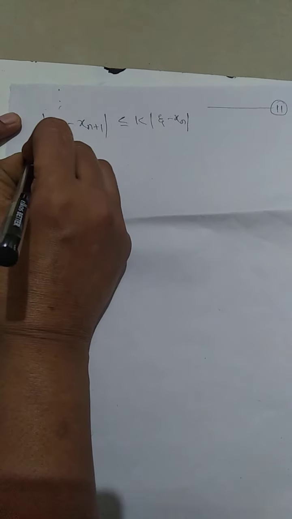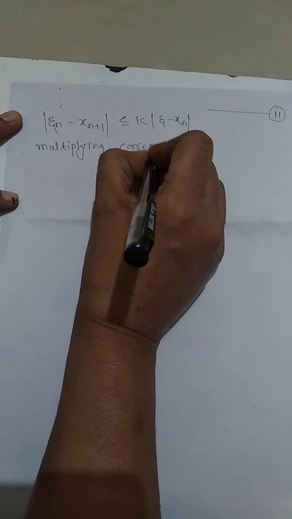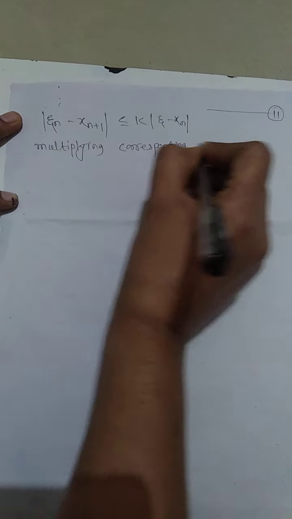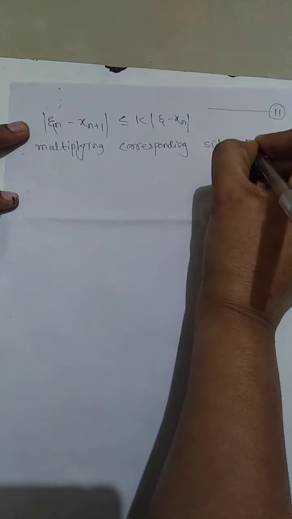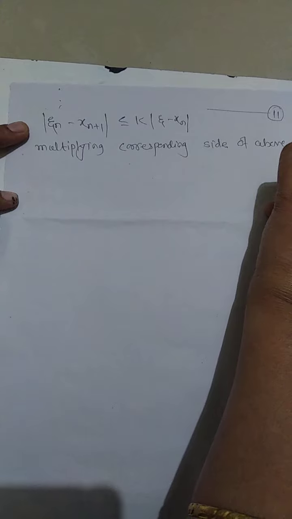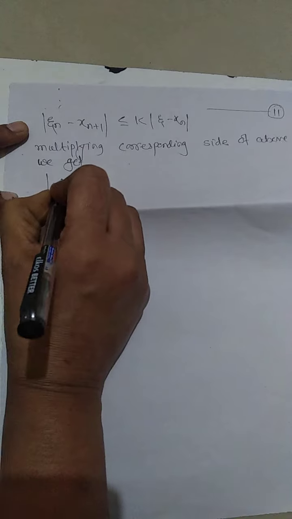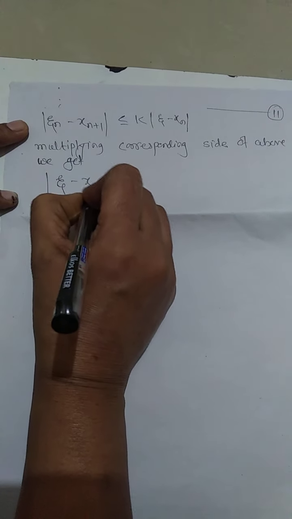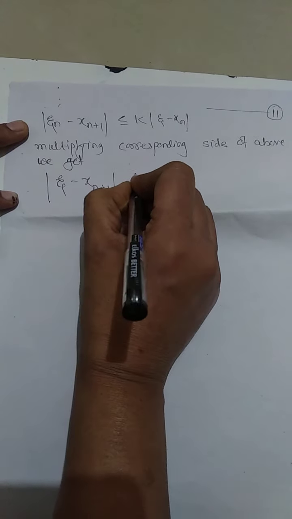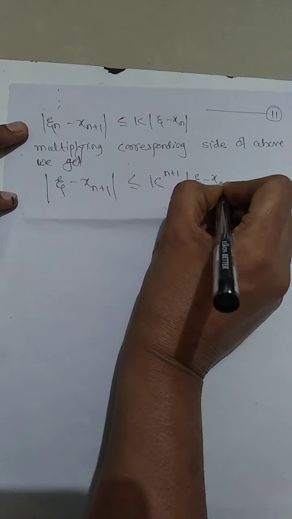Multiplying corresponding sides of the above equations, we get mod of xi minus x n plus 1 is less than or equal to k raised to n plus 1 into mod of xi minus x0.